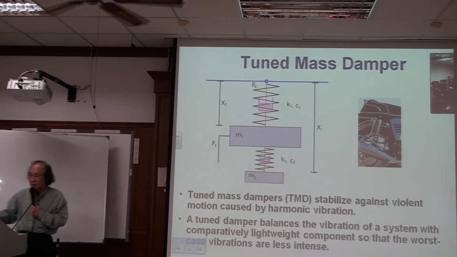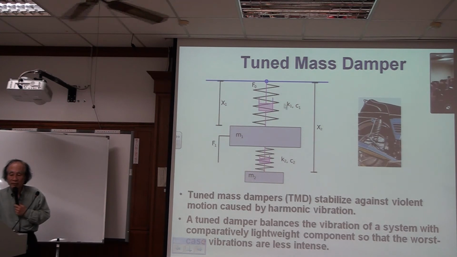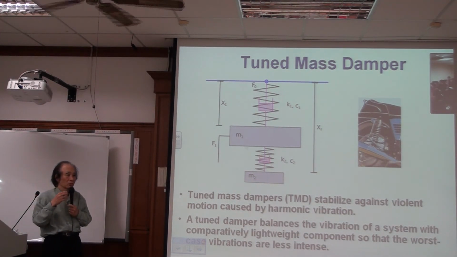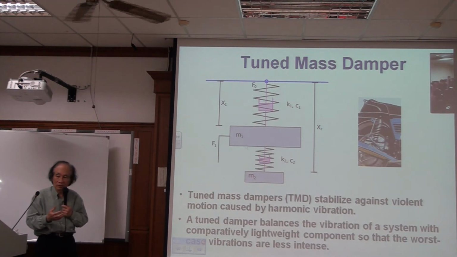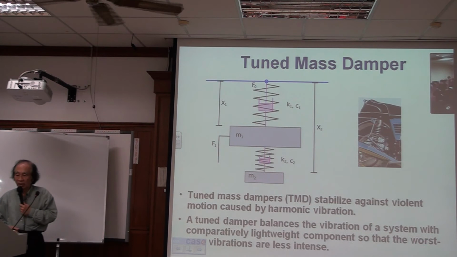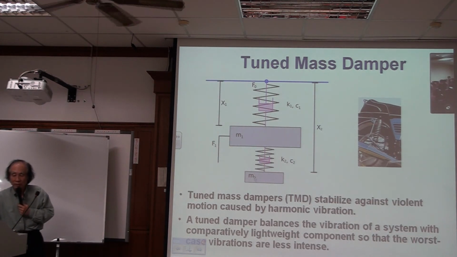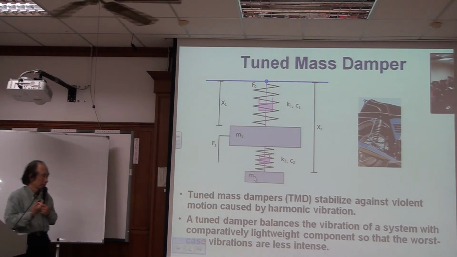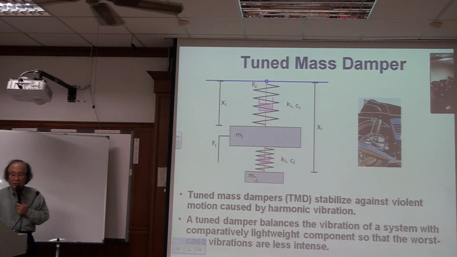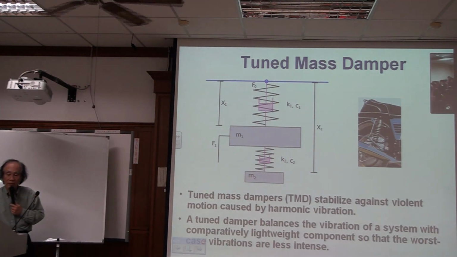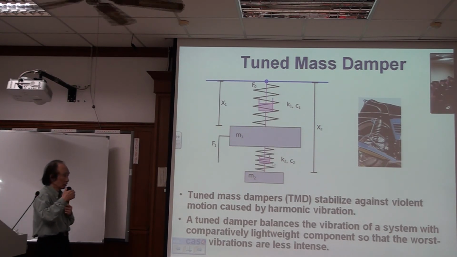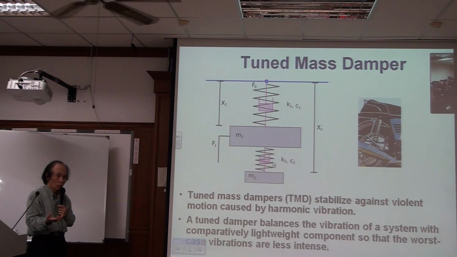So this is what we call a tuned mass damper. What is the mass? How much mass M2 are you supposed to have? For example, M2 may be your motorcycle weight. Then you have a spring and a dashpot. Why do we need a spring?